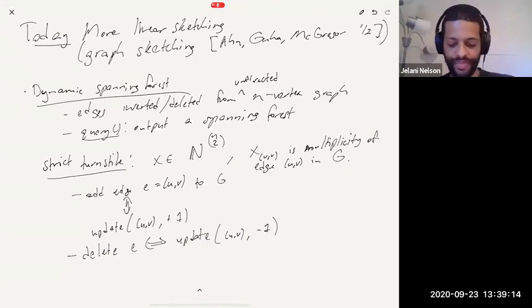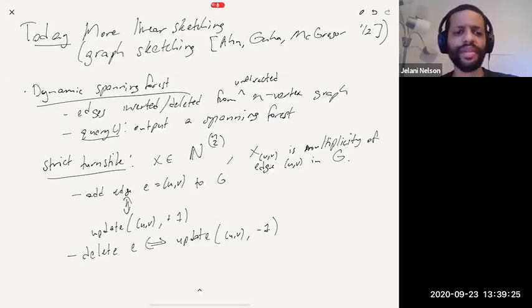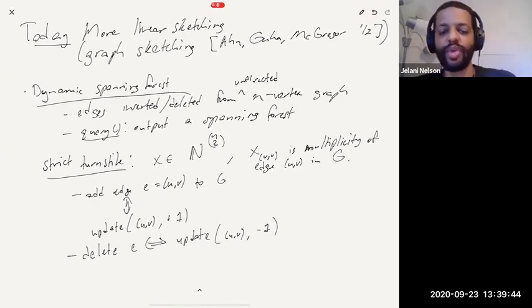Okay. I should say that if there are no deletions, this problem is trivial, right? Because basically you just do union-find. That gives you speed, but if you don't even care about speed, if all you care about is memory, then whenever you see a new edge being inserted, if it connects two vertices that are in different connected components, then you store the edge.